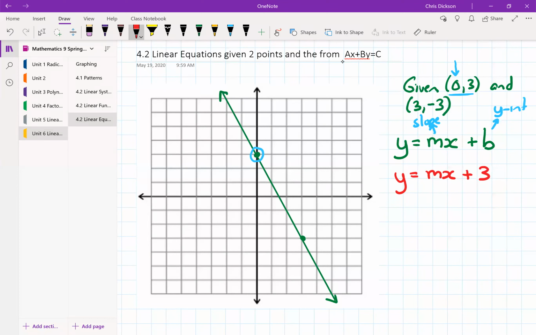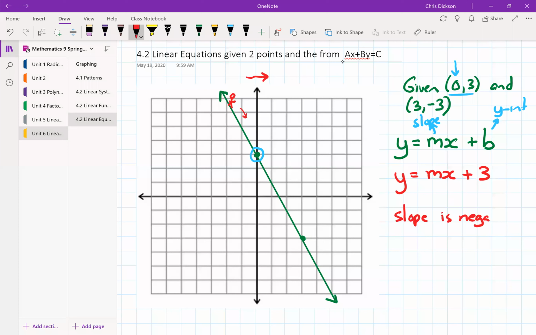So what I would think of maybe is if you were standing here, let's say that's Jin right there, and you're walking that way, would Jin be going up or down on that line? Well, if he walks to the right, he's going to be going downhill on that. So a line that goes down like this has a negative slope. So our slope has to be negative.